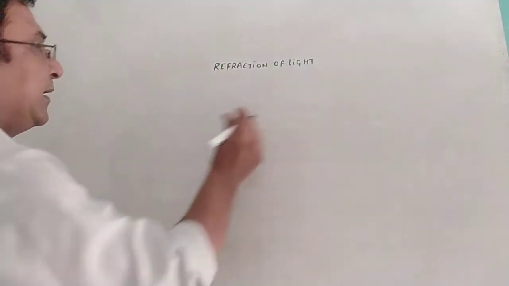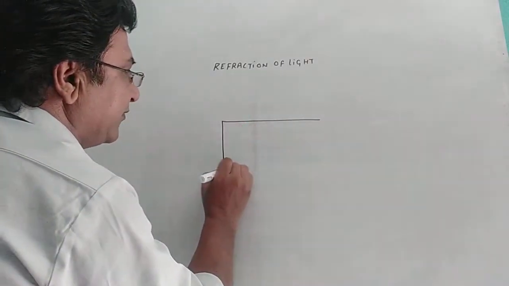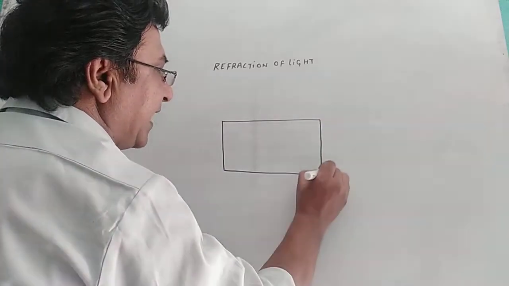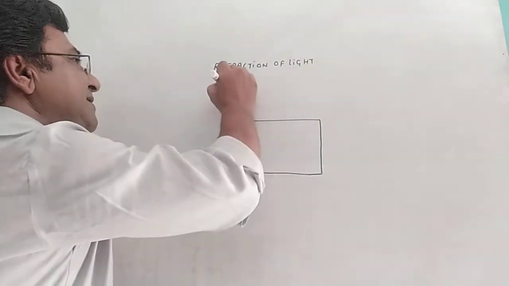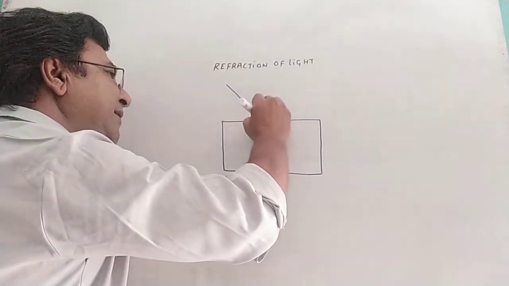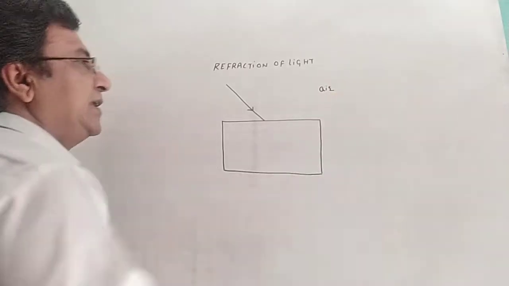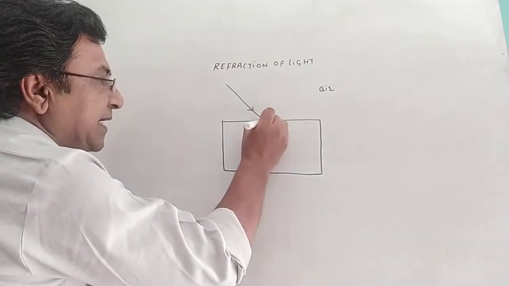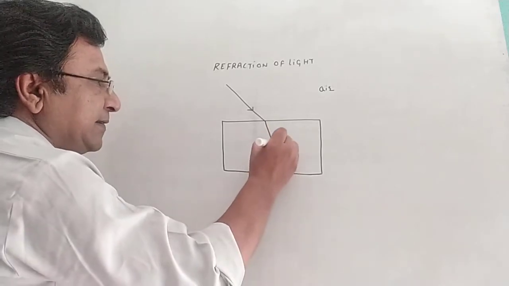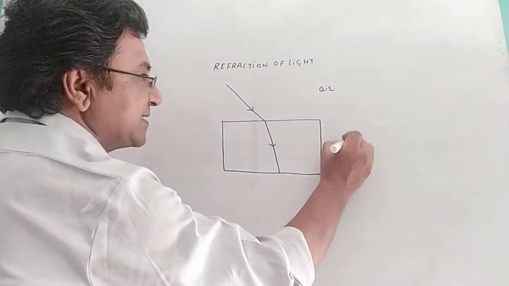Now, suppose this is a glass slab we have, and with a pencil torch we are passing a light from air, this is optically rarer medium, into the glass. What will happen? This light will bend. Right? This is glass.